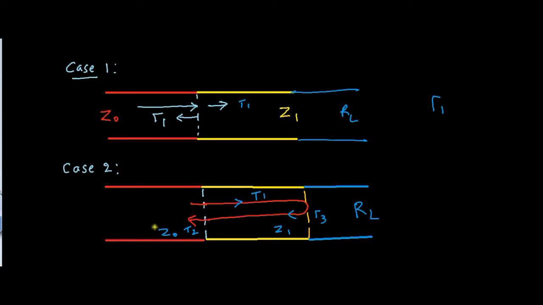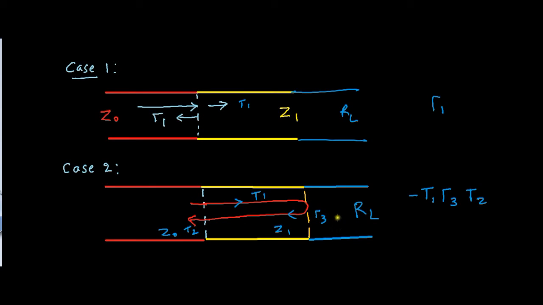So in case 2, our overall reflection coefficient will be T1, partial reflection coefficient 3, and T2. Since it has traveled 180 degrees, there will be a negative sign.